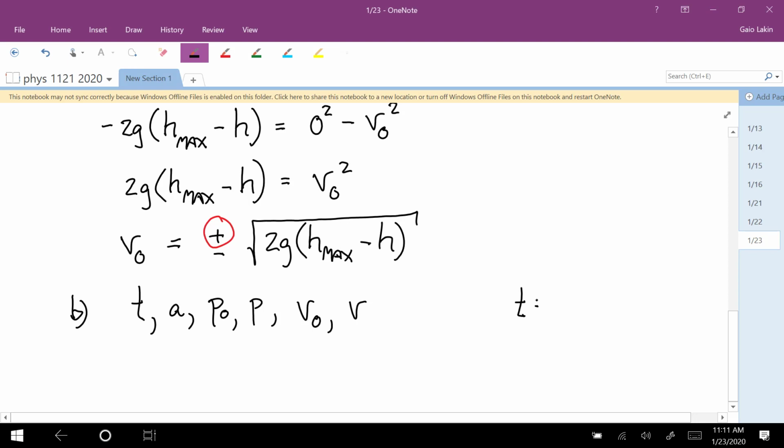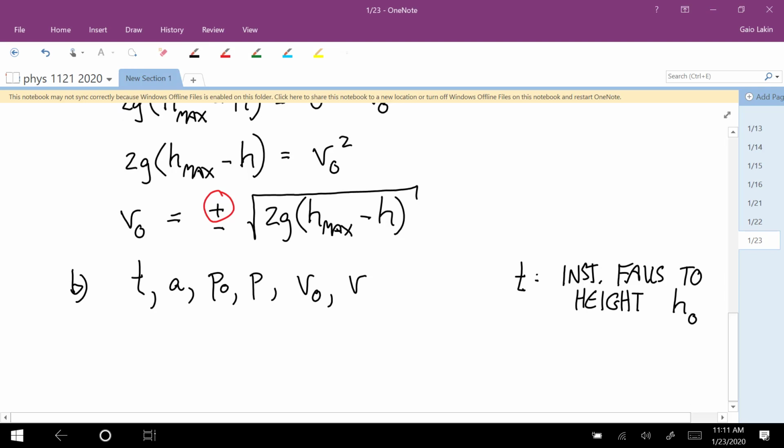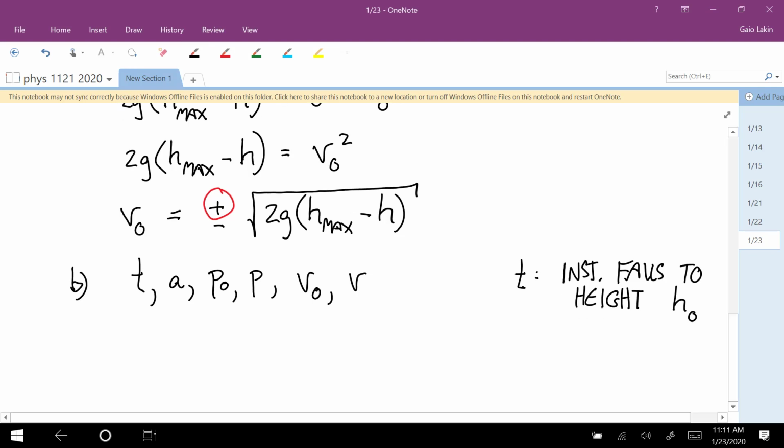The time 0 can have the same meaning, but the time t has to refer to the instant that it falls to a height of h. Please stop me if you have any questions about any of the choices I make here.